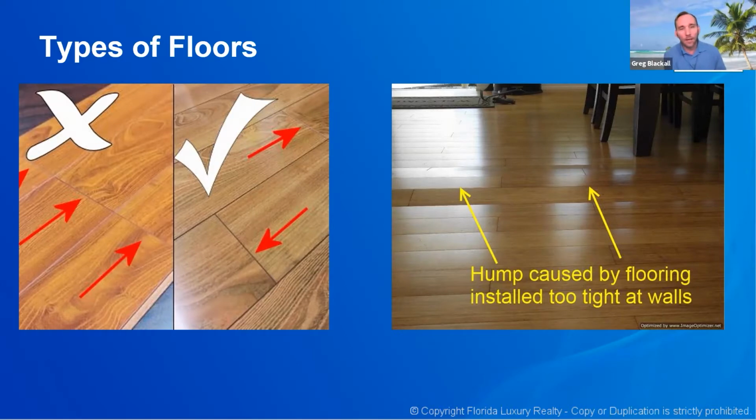But with laminate, it can be kind of a DIY project. So if it's somebody who doesn't really know what they're doing, this is something to pay attention to. On the picture on the right, you'll notice that it has this hump that's caused by the flooring being installed too tight at the walls. It pushes up because it hasn't had a chance to really expand.